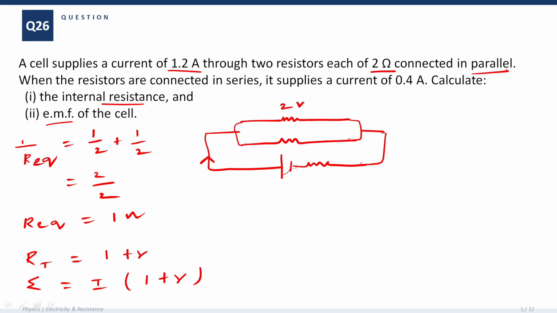This is 2 ohms, 2 ohms, internal resistance, electromotive force. Current given is 1.2 amperes. So epsilon equals current 1.2 times resistance 1, which we found as the equivalent when they are connected in parallel, times 1 plus R, where R is the internal resistance. This is equation 1.